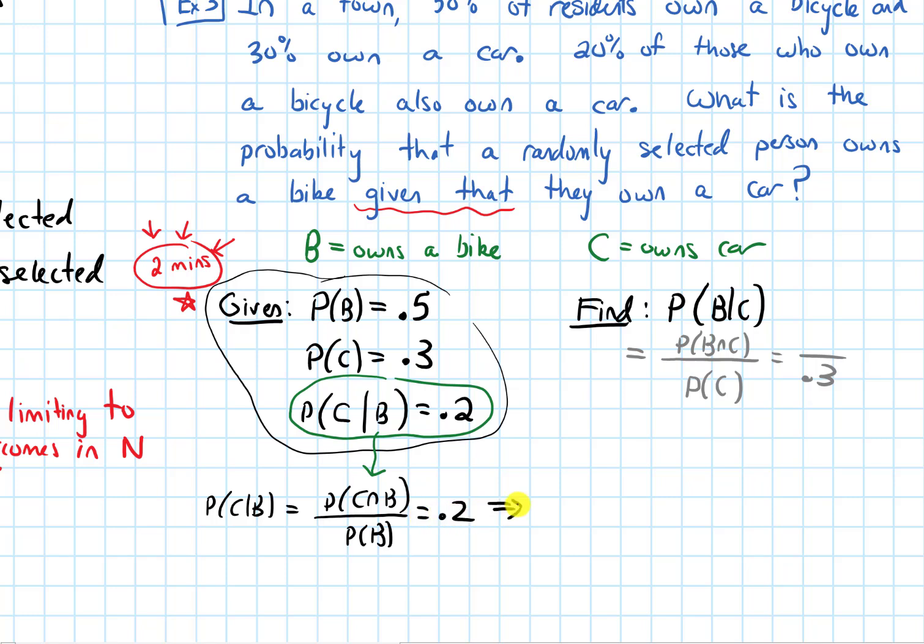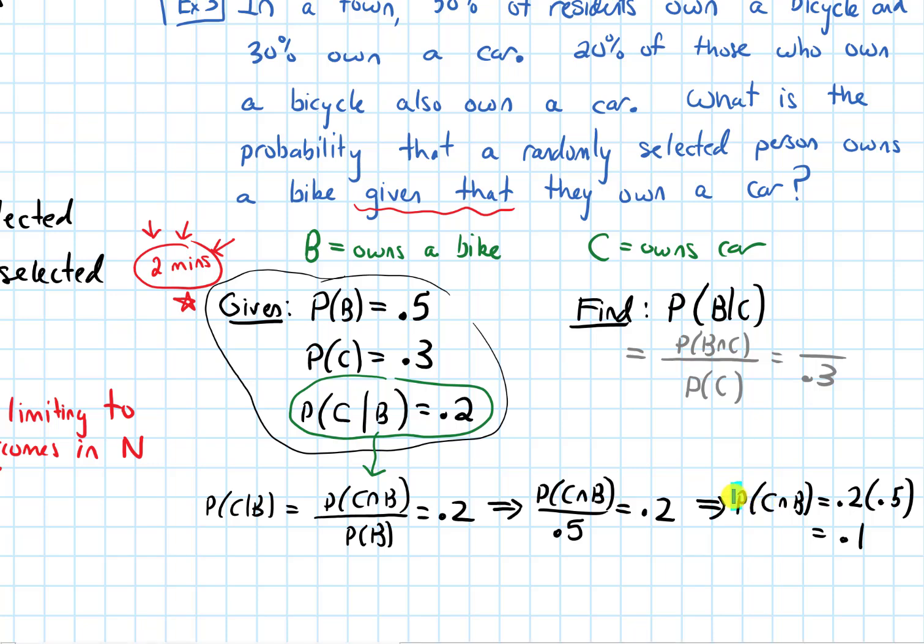So if I plug in for what I know, we get probability of C intersected with B over, and the denominator is 0.5, equals 0.2. And now I can multiply both sides by 0.5 to get the probability of C intersected with B equals 0.2 times 0.5. And if I multiply these, we get 0.1.